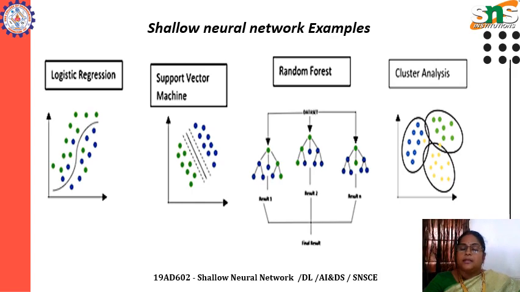We have already studied these different types of algorithms in the machine learning subject. As shallow neural network examples we take the same algorithms: logistic regression, support vector machine, random forest, and cluster analysis. All these four can be considered examples of shallow neural networks.